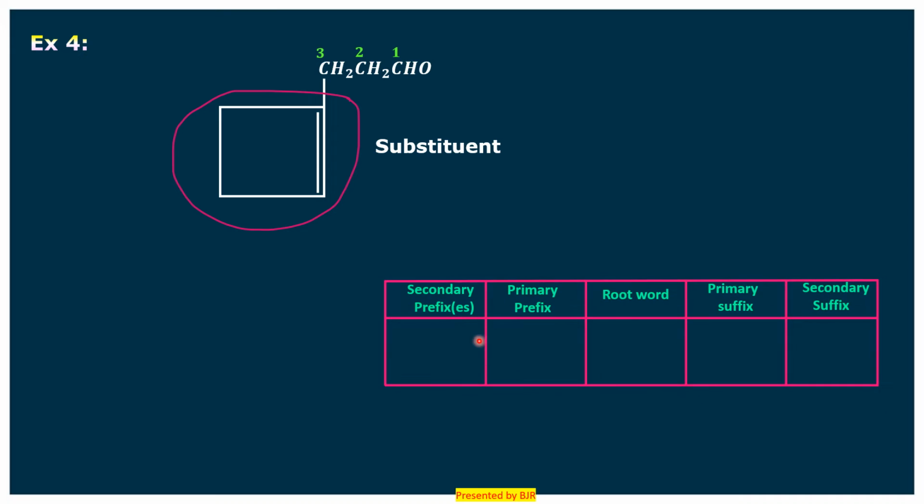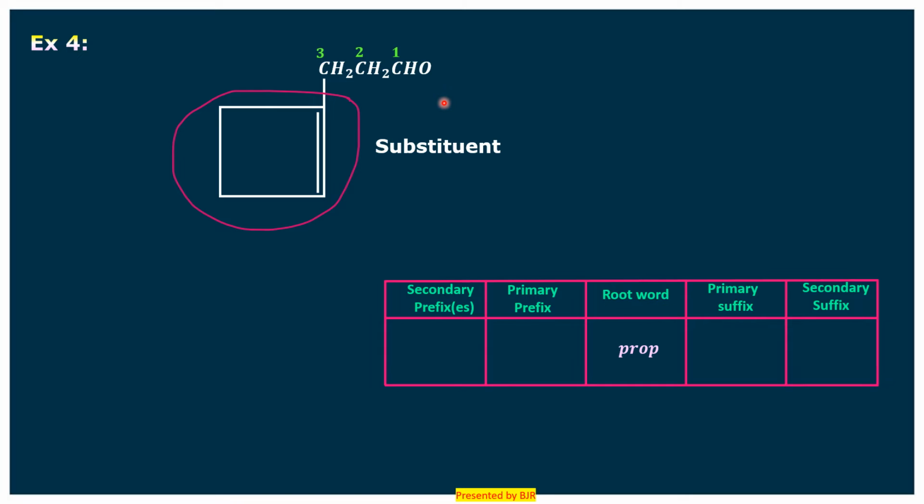In this parent chain 3 carbon atoms are there, so the root word is prop. If you compare the number of carbon atoms in the side chain and in the ring, the number of carbon atoms in the ring is more. However, the side chain contains a functional group.